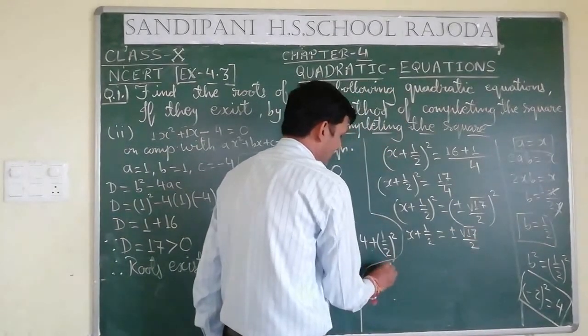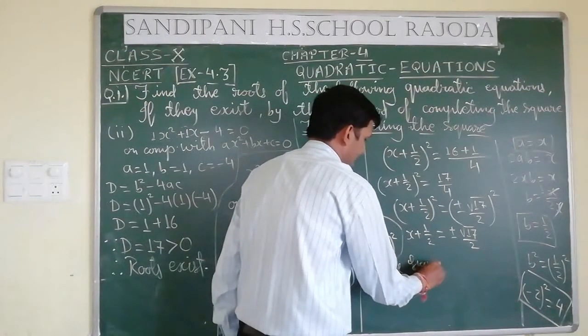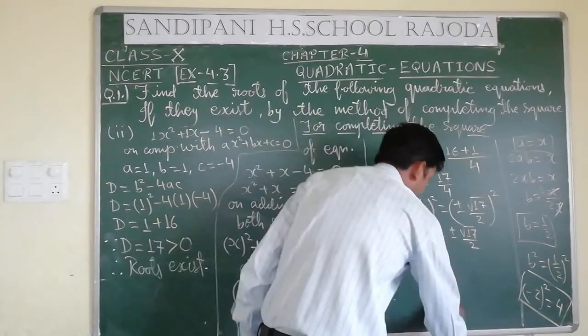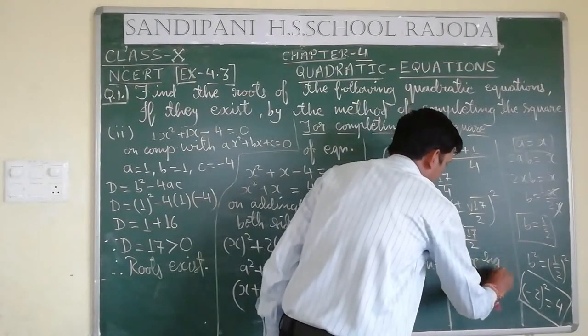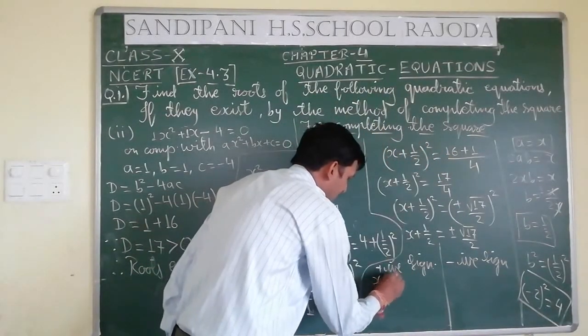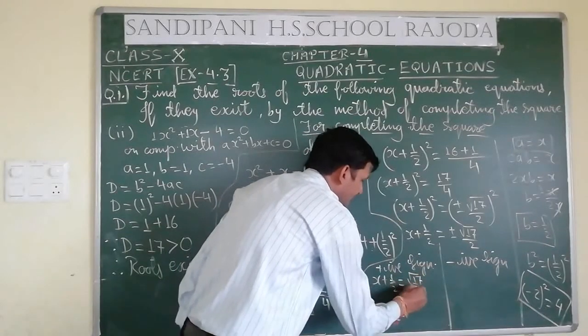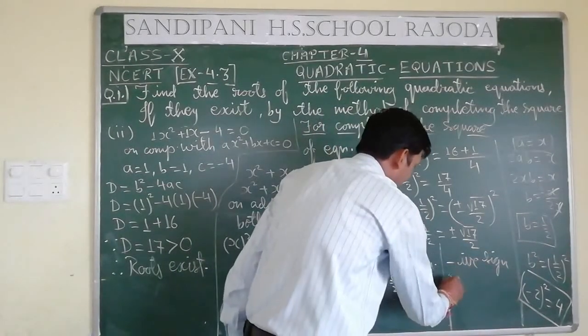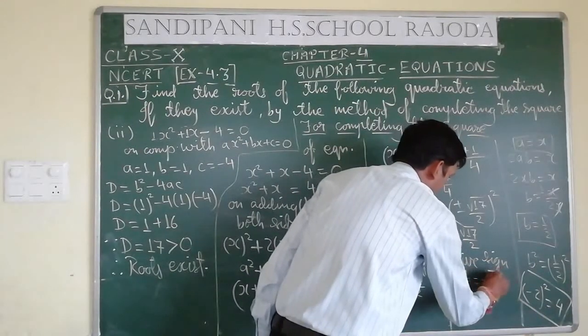On taking positive sign and on taking negative sign. If we take positive sign, then x plus half is equal to root 17 by 2, and if we take negative sign, x plus half is equal to minus root 17 by 2.